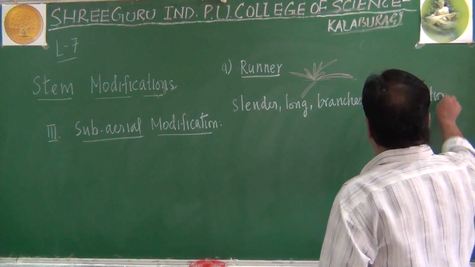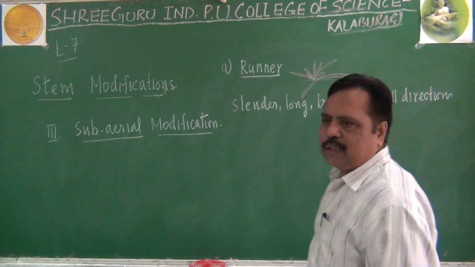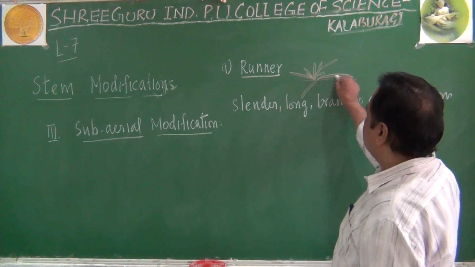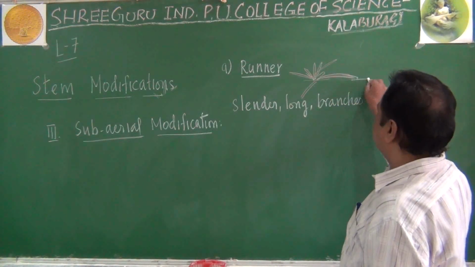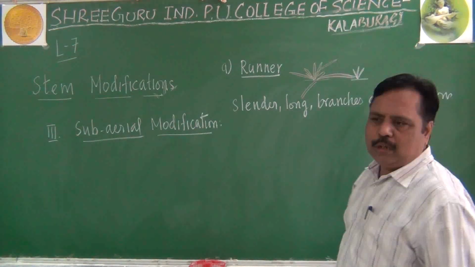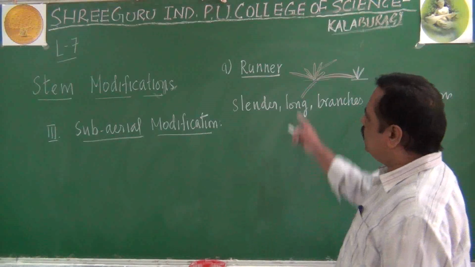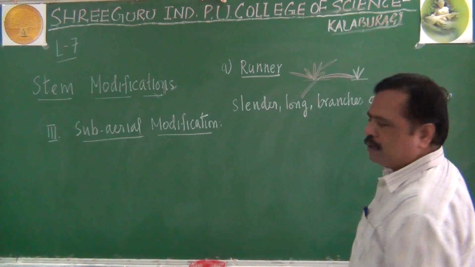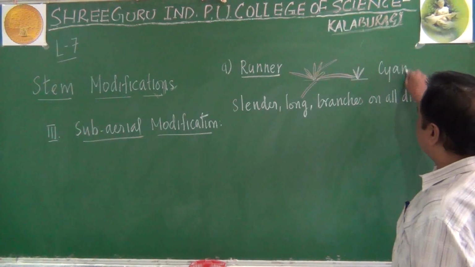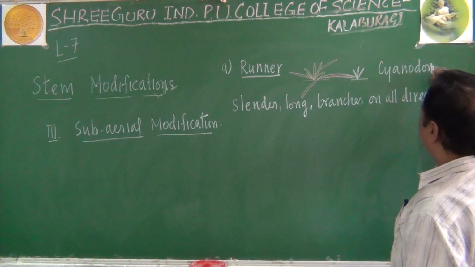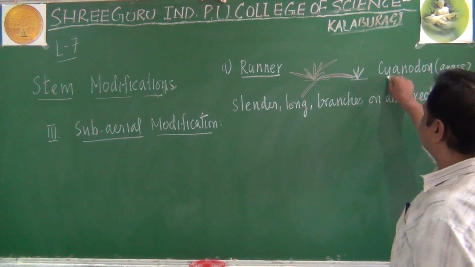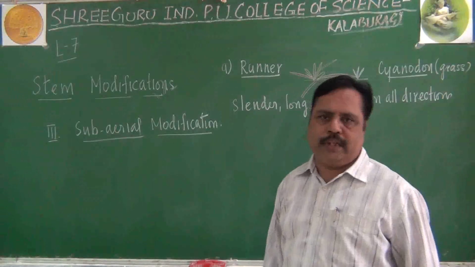Such type of branches are called runners. Remember, whenever the runner is touching the soil in some place, there again it will produce some more small plants like this. This is found in the case of grasses like Cynodon.